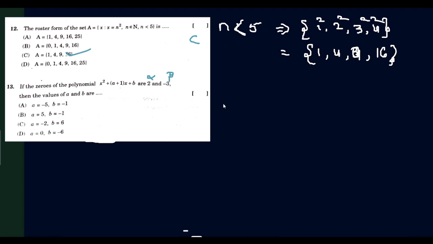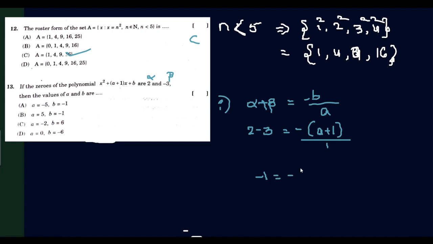First, the sum of the zeros is nothing but minus b by a. So 2 minus 3 is equal to minus of (a + 1) by 1, since a is 1 here. So 2 minus 3 is minus 1, which is equal to minus of (a + 1). Minus minus gets cancelled, so a is equal to 0.